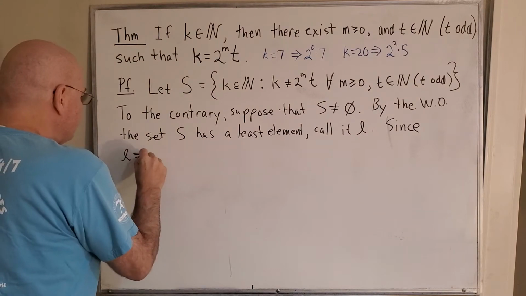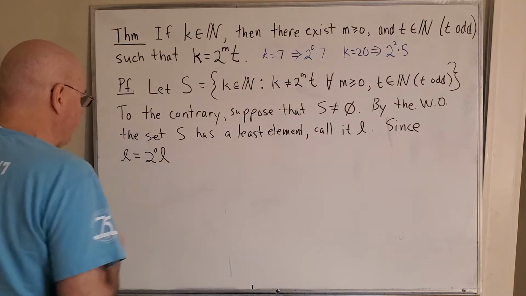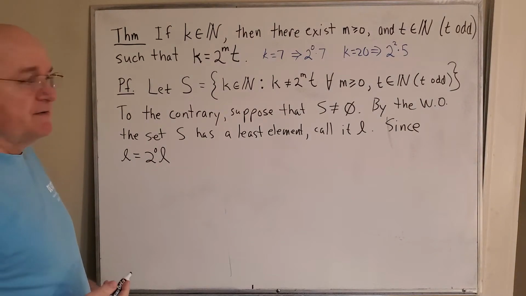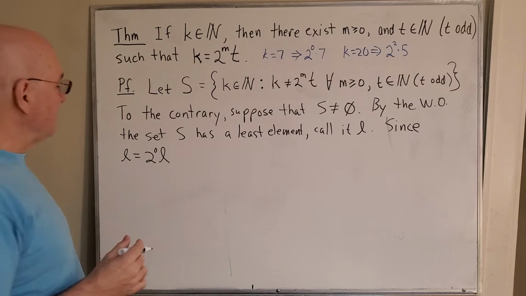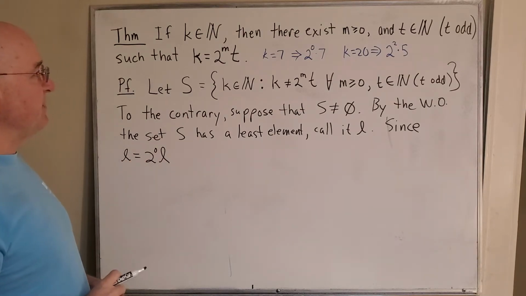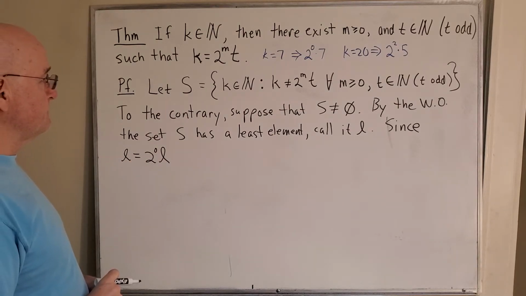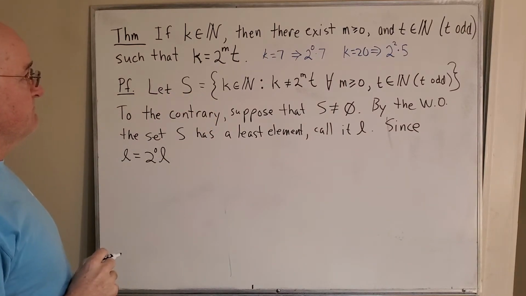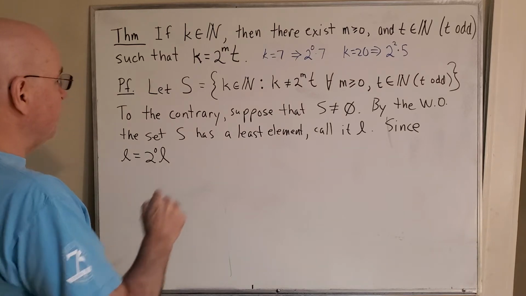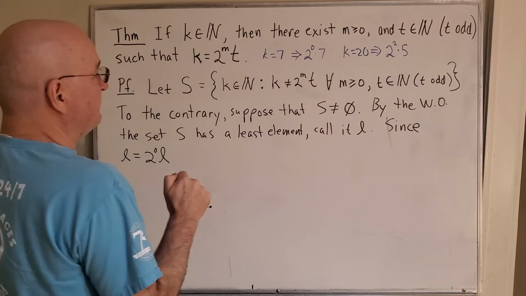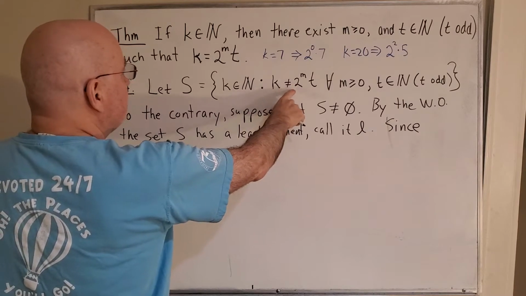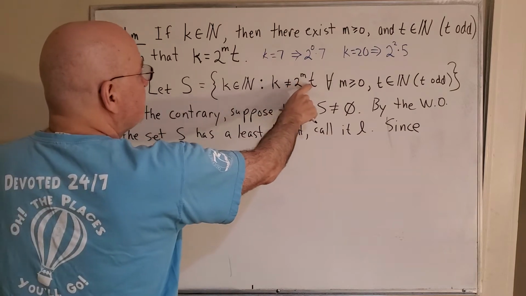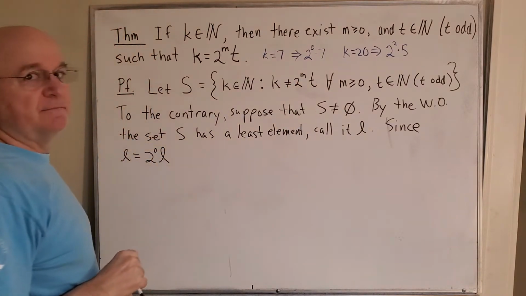L is equal to 2 to the 0 times L. Hopefully that's obvious. 2 to the 0 is just the number 1, so that would hold for any real number actually. L is equal to 2 to the 0 times L. And it is in this set. What does that tell us? L is the smallest element in this set. So L is not equal to 2 to any non-negative integer, including 0, times any odd number.